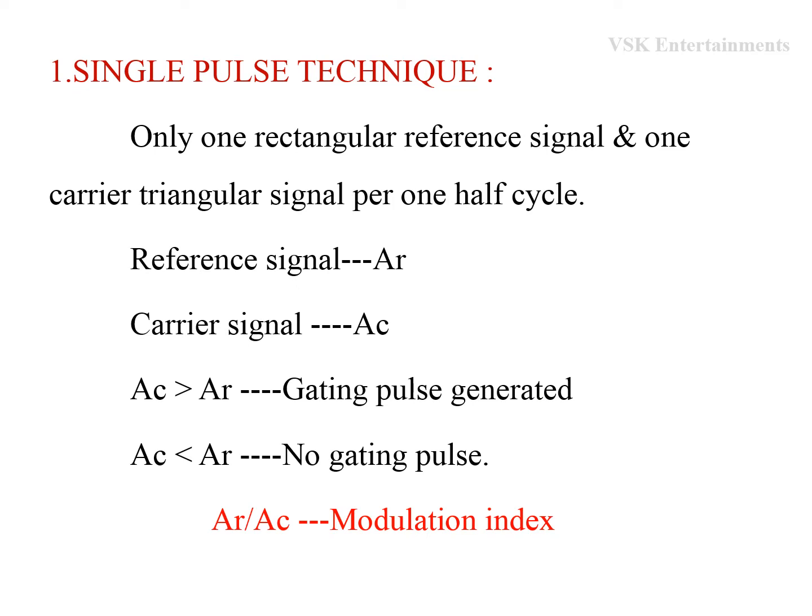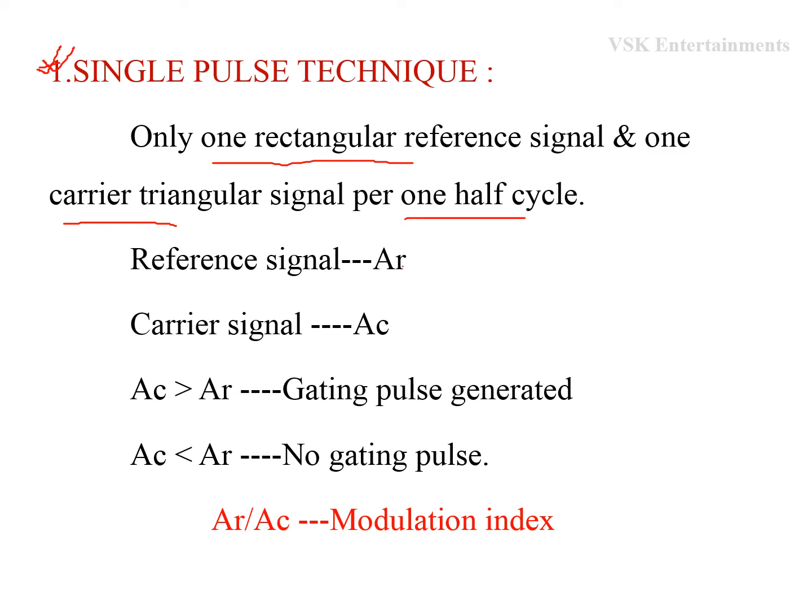Coming to the first technique, the single pulse technique. The name itself indicates the meaning of this technique. In this technique, we use only one reference signal and only one carrier signal during one half cycle. By comparing the reference signal and carrier signal, we generate the gating pulse. Depending upon the width of that gating pulse, we get the controlled output voltage. In this, we use only one rectangular reference signal and only one triangular carrier signal during one half cycle.